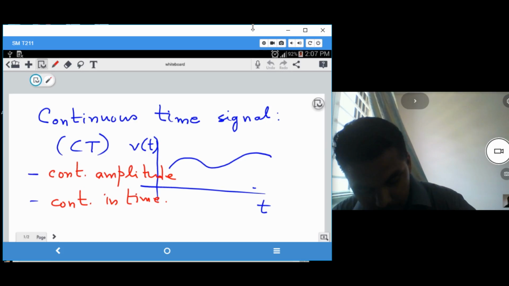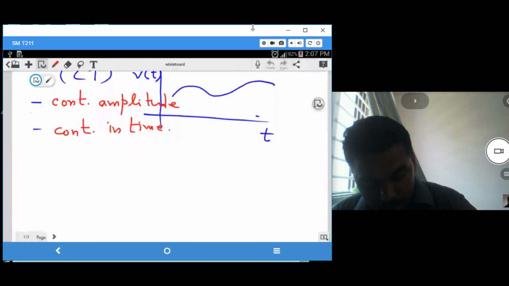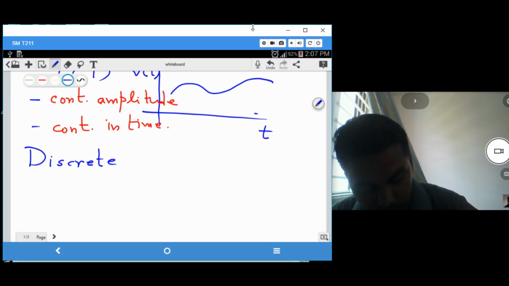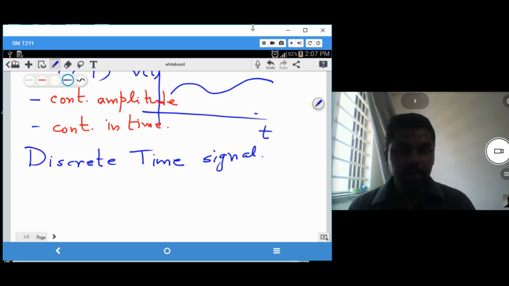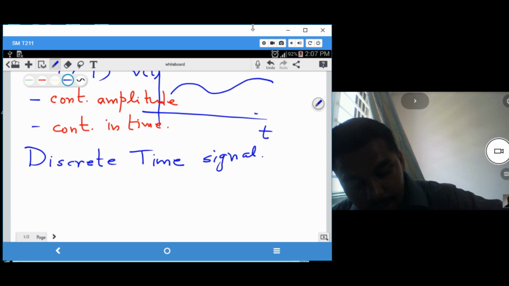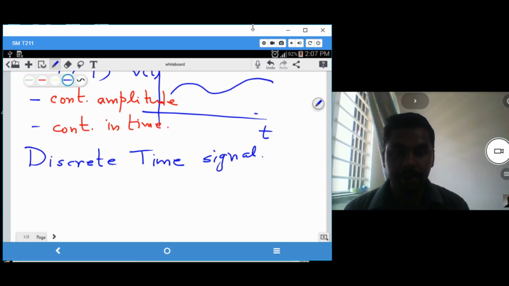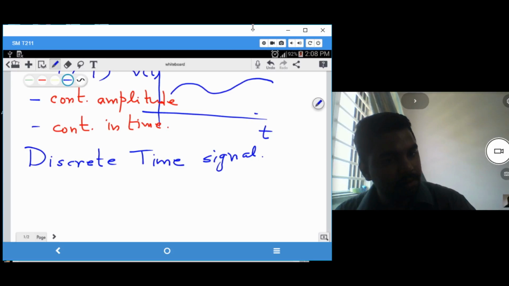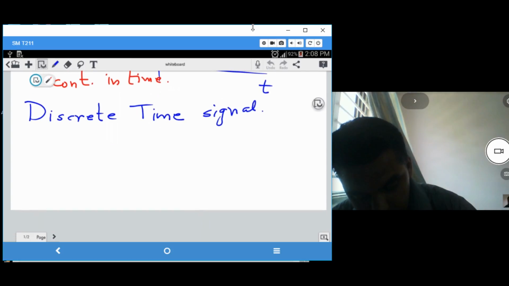Now the opposite class, or the second class of signals that we can consider, is the discrete time signal. By discrete time signal we mean that we have discretized the time axis of the continuous signal. Let us see the discretization process that it undergoes to make this idea very clear.